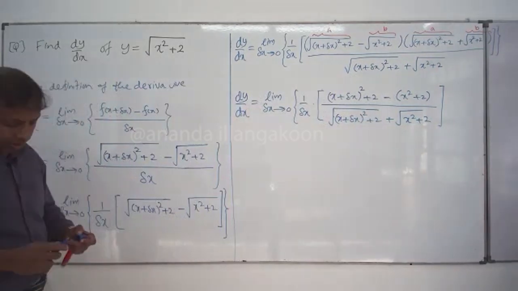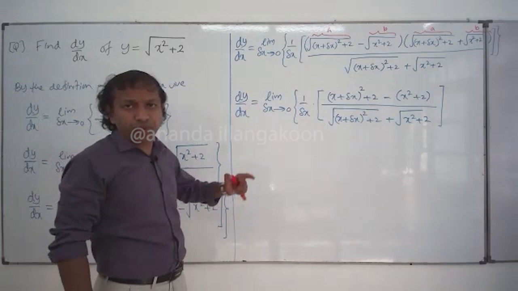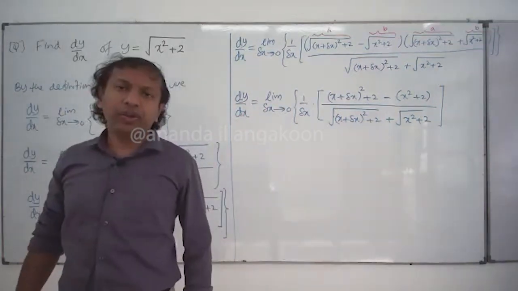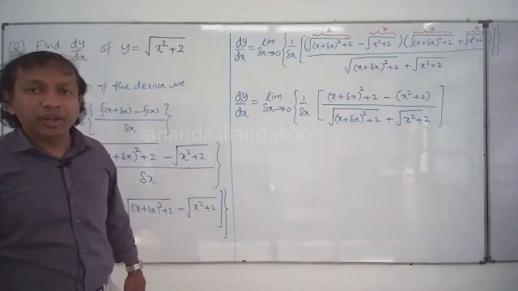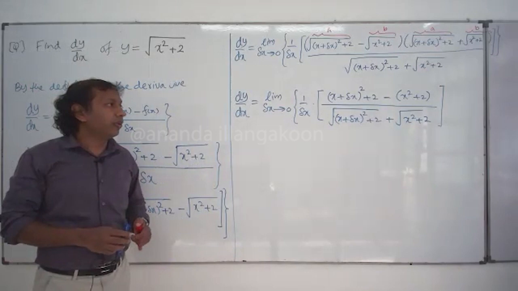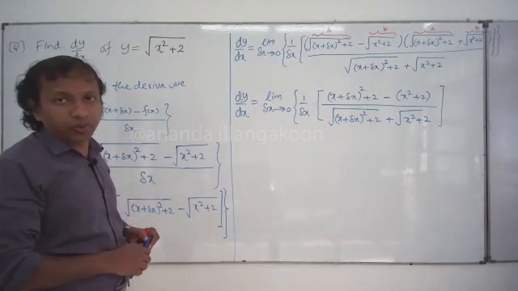Now, as I told earlier, people, until we cancel down delta x from numerator and denominator, don't try to put delta x 0. Why? Then you get one of the indeterminate forms there. 0 by 0 form will be coming. Then you have to make sure to put that delta x 0 after cancelling delta x from numerator and denominator.